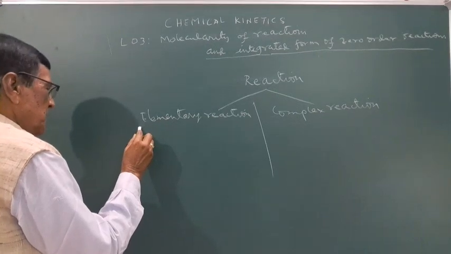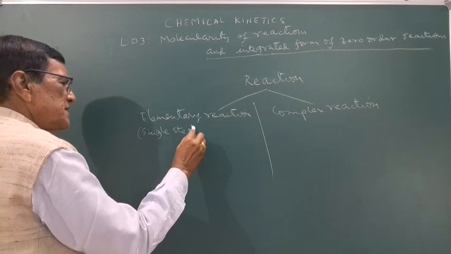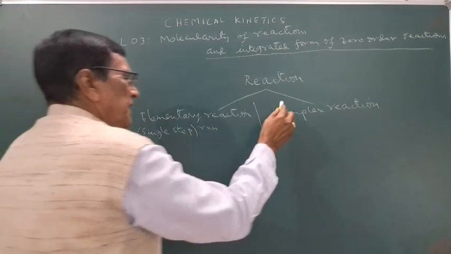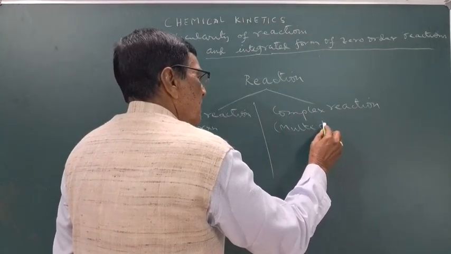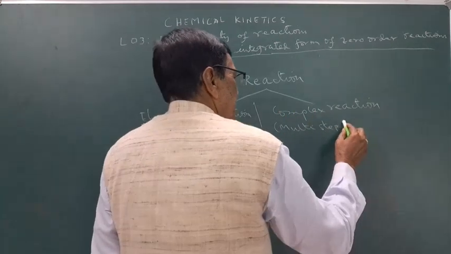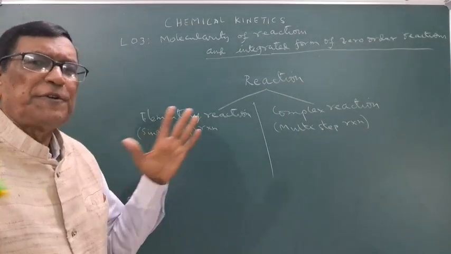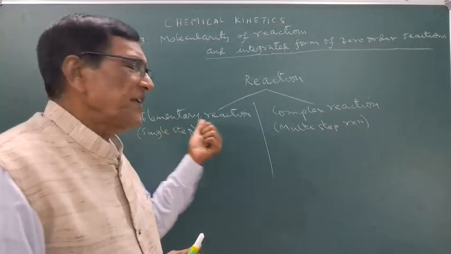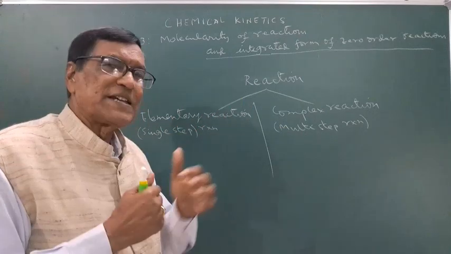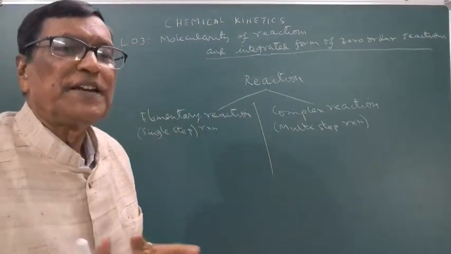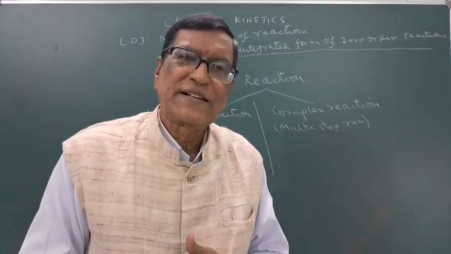Elementary reaction means a single step reaction, and the complex reaction is the multi-step reaction. Very few reactions are elementary reactions, meaning one step, and in case of a one step reaction, molecularity is the number of molecules or ions or atoms participating in the reaction.